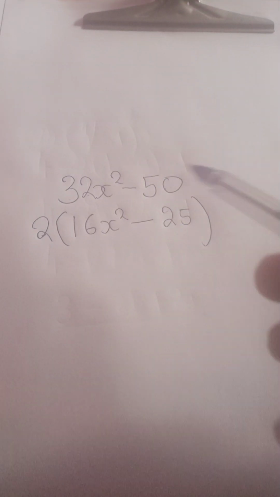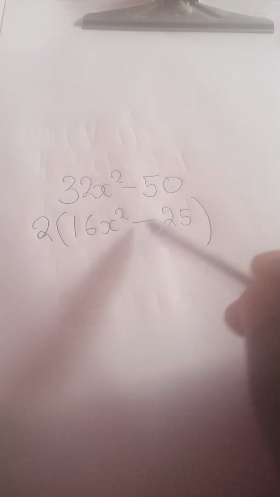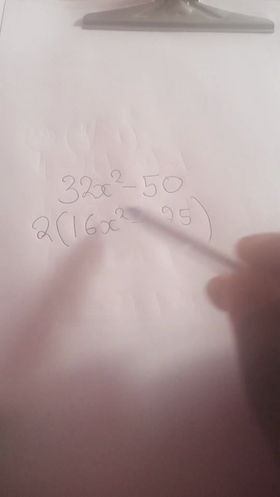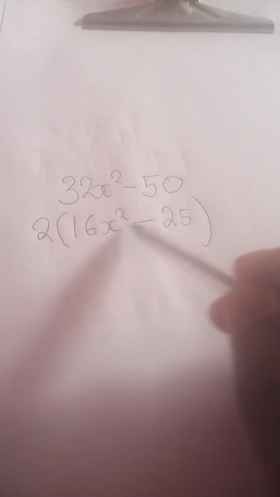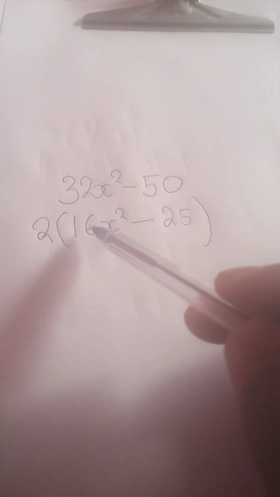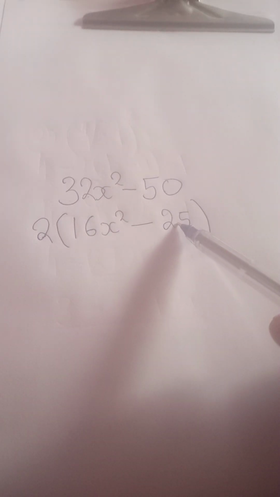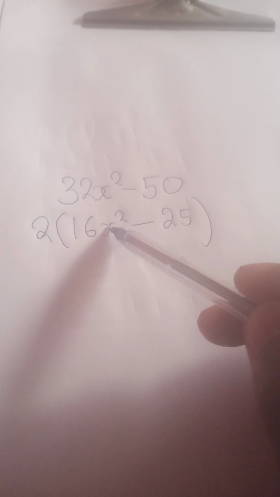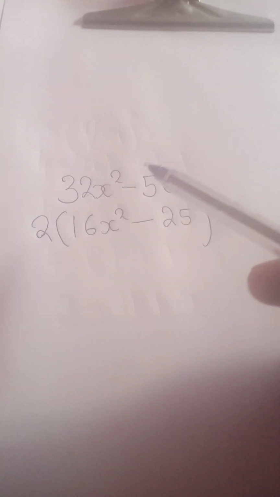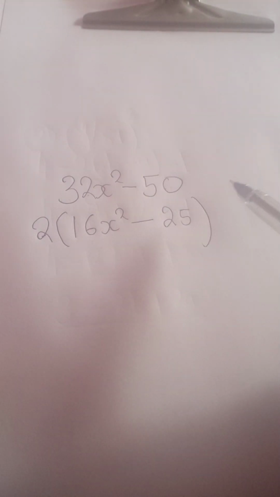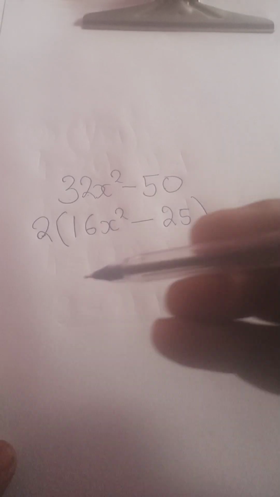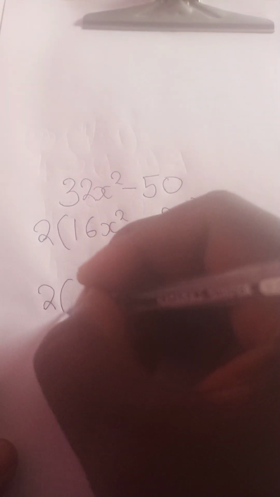Now, these numbers inside are a difference of 2 squares. Once you see that this has a square root, and this one also has a square root, and the letter is squared, it means difference of 2 squares can fit. So you say 2 open.